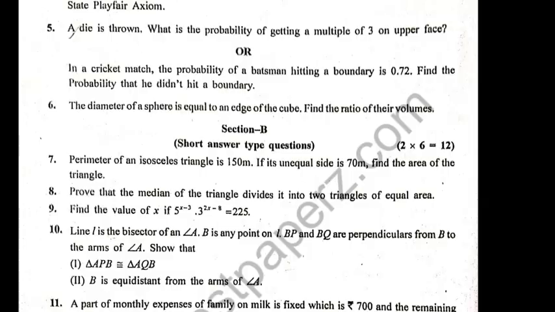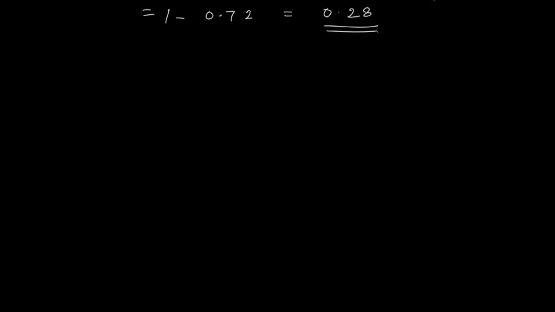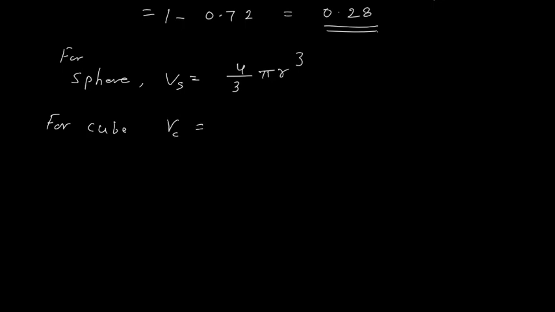Now we have a sphere. For a sphere, the formula for volume is 4 by 3 pi r cube, and for a cube the formula for volume, where Vs means volume of sphere and Vc means volume of cube, is side cube.